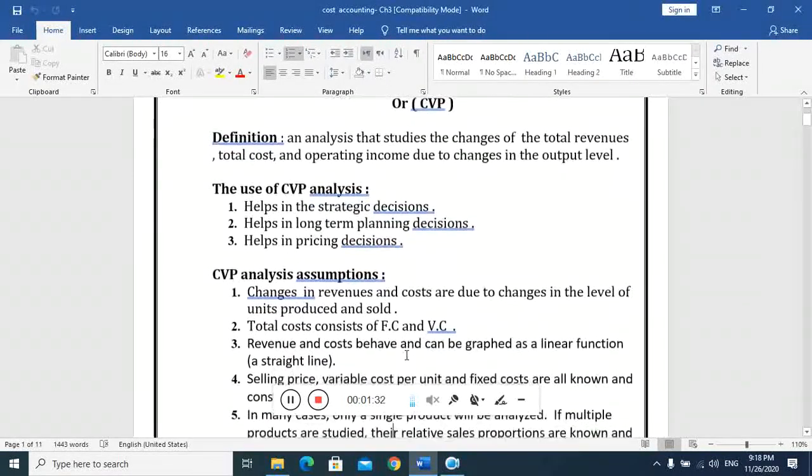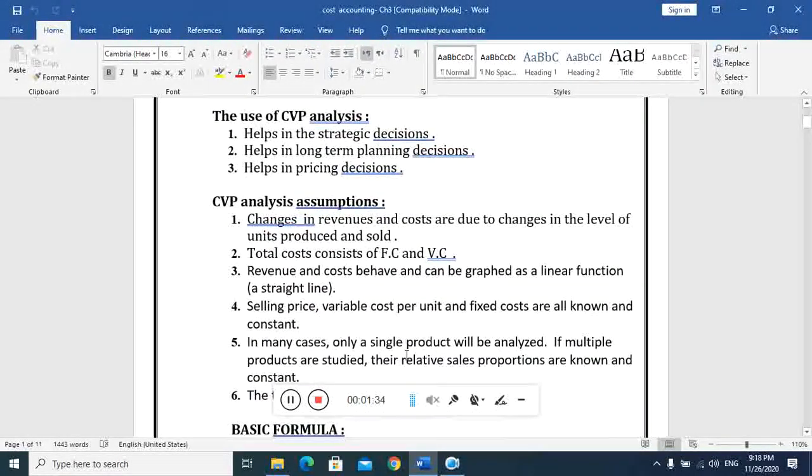The CVP analysis has six main assumptions. You must understand them clearly in order to implement them in our example later. Assumption number one: a change in revenue and costs is due to the change in the level of units produced and sold.